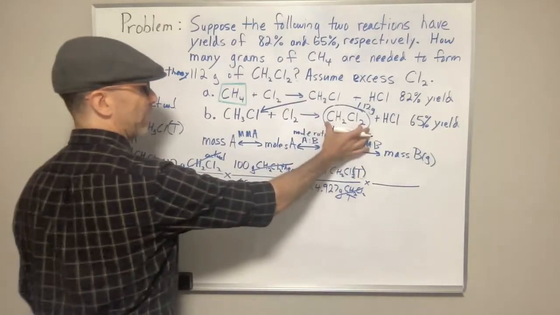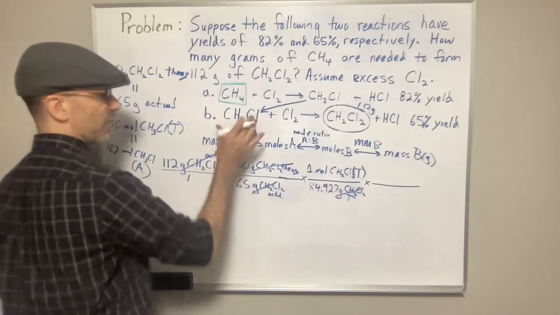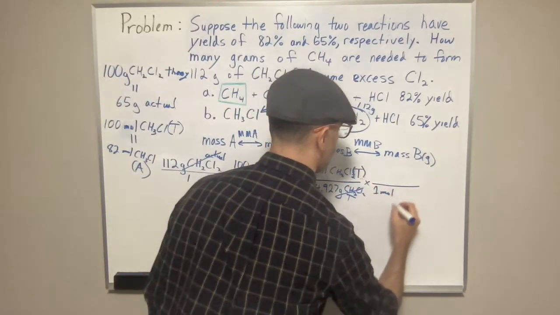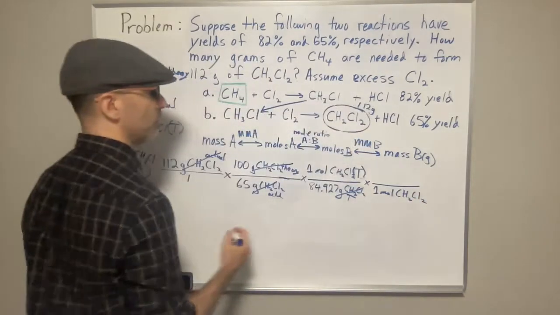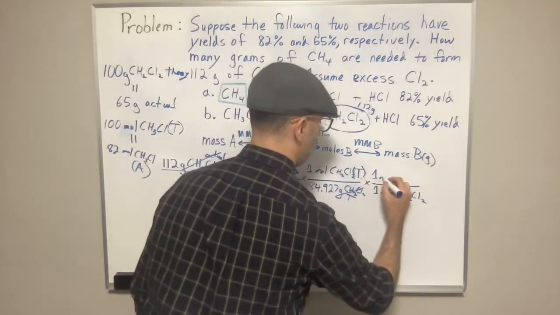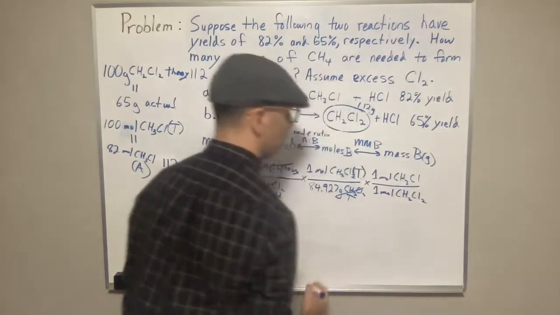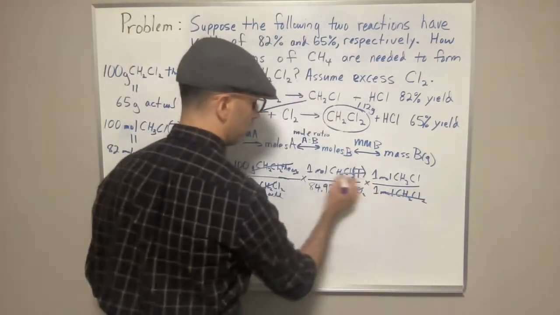So I'm going to use the mole ratio to go from CH2Cl2 to CH3Cl. I'm going to put 1 mole of CH2Cl2 on the bottom and 1 mole of CH3Cl on the top. And so moles cancel out.